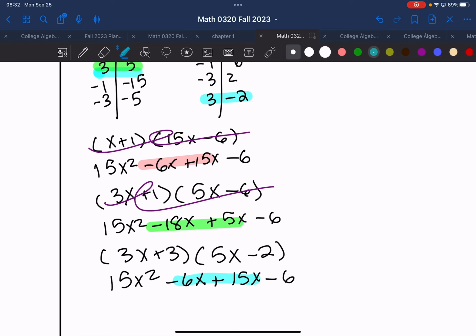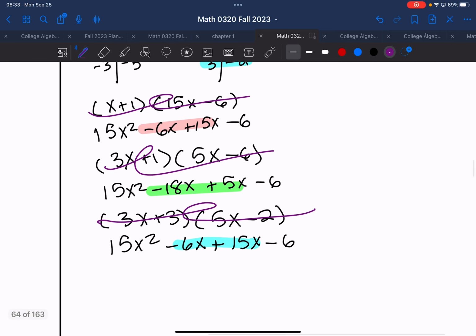Okay, so now let's go ahead and try to switch up our C values where we have a negative 3 and a positive 2. And again, this is not a method I'm going to test over. This is just a way, if you think this is easier, you're more than welcome to do this way on the exam. Okay, so we're not changing up our A values, so we still have 3x. But now we're going to have a minus 3 and 5x plus 2.